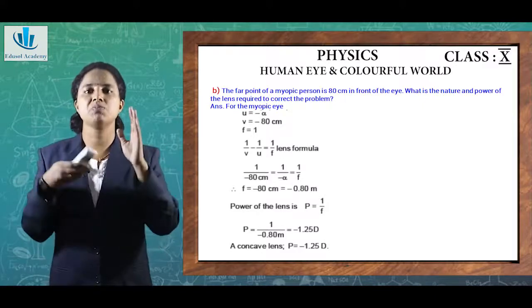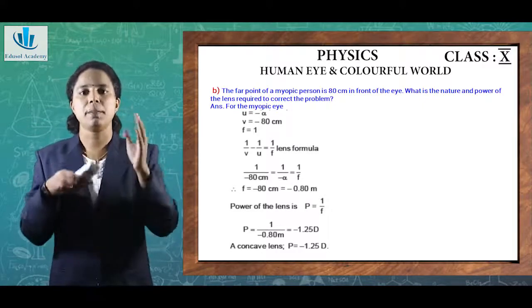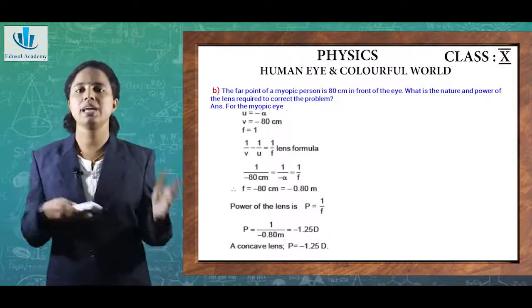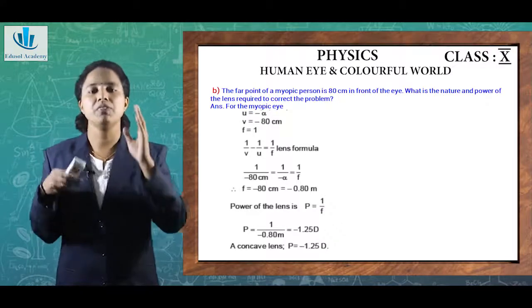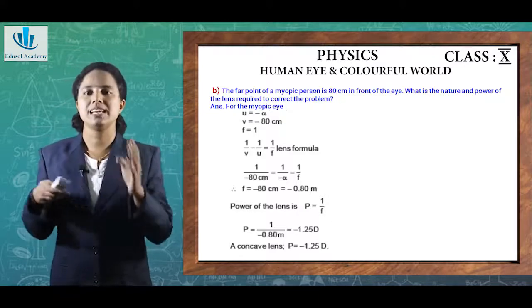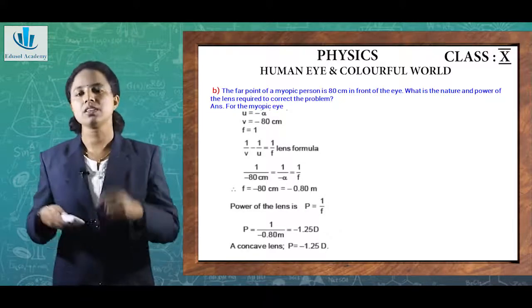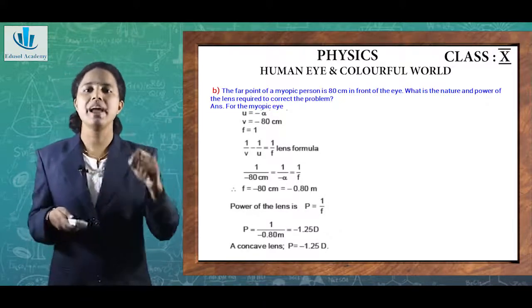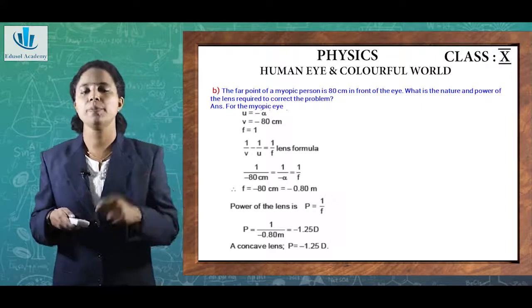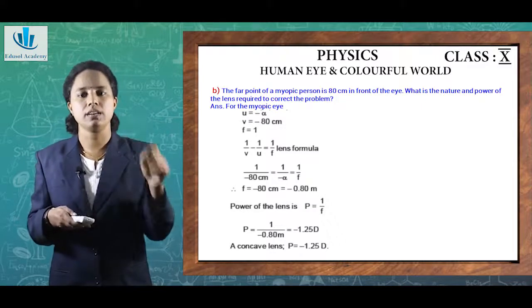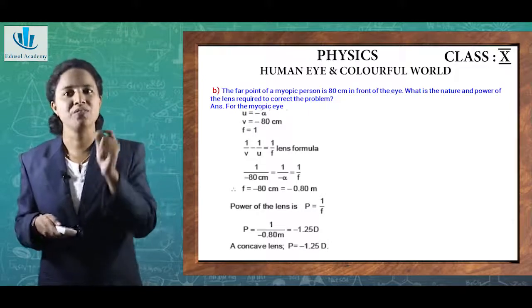P equals 1 by F, that is 1 by minus 0.8 meter, and you will get minus 1.25 D or diopter, which is the SI unit of power of a lens. So P equals minus 1.25 D. A negative sign indicates that it is a concave lens.